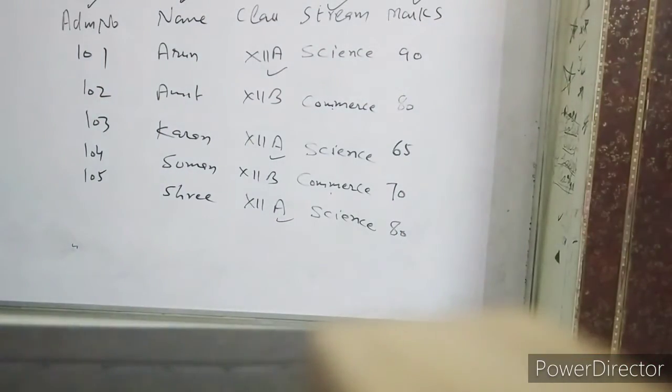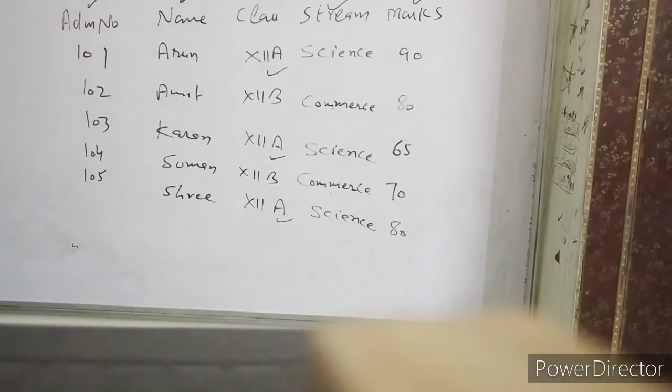What do you mean by grouping? Grouping means we club the records on the basis of a common value. If I am talking about class, we have two distinct values, 12th A and 12th B. It means we club the records of 12th A separately and 12th B separately. Clear?